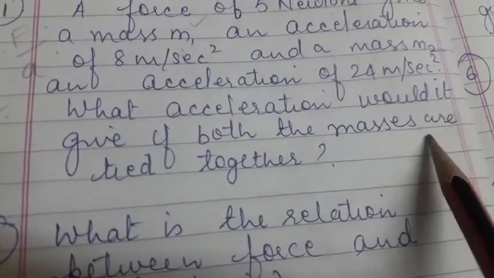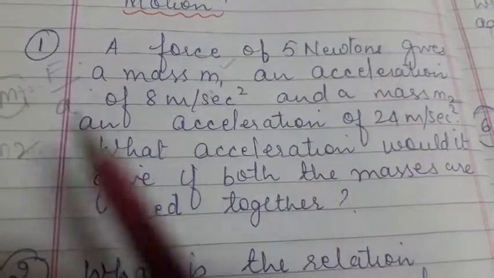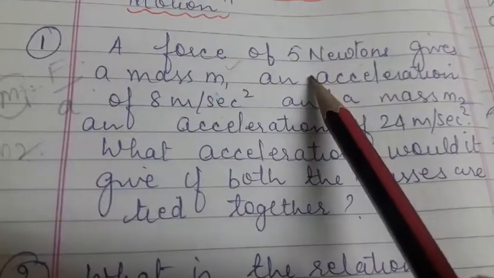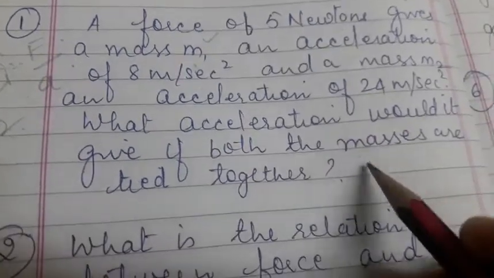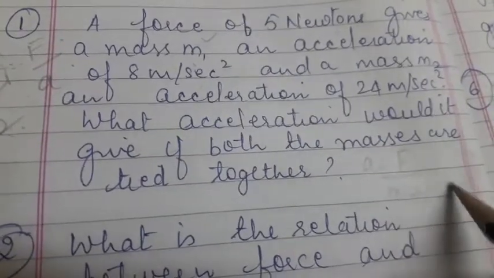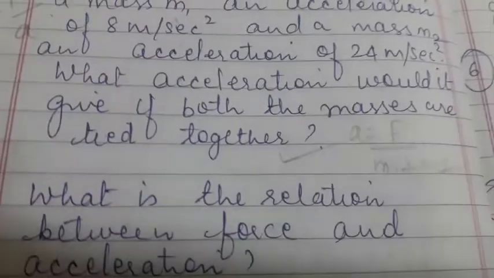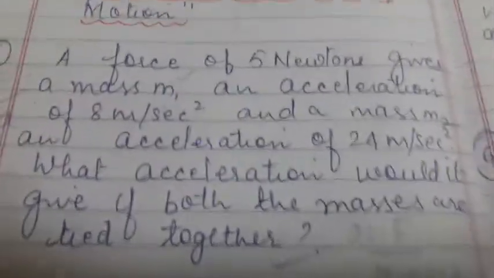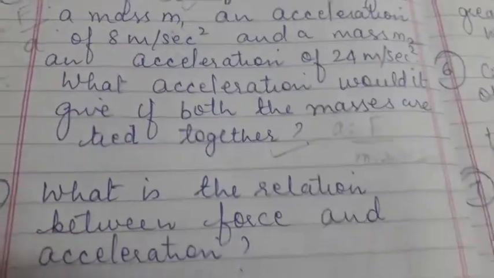So we will assume that the force acting on the two together is the same, that is 5 Newton. m1 plus m2 you will get an answer, and then you can apply the formula a is equal to F upon m1 plus m2. This will give you the acceleration of the two objects tied together, assuming that the same force of 5 Newton is acting on them.